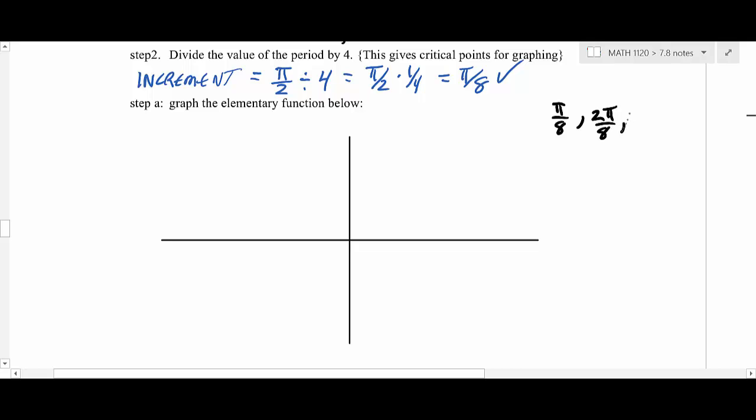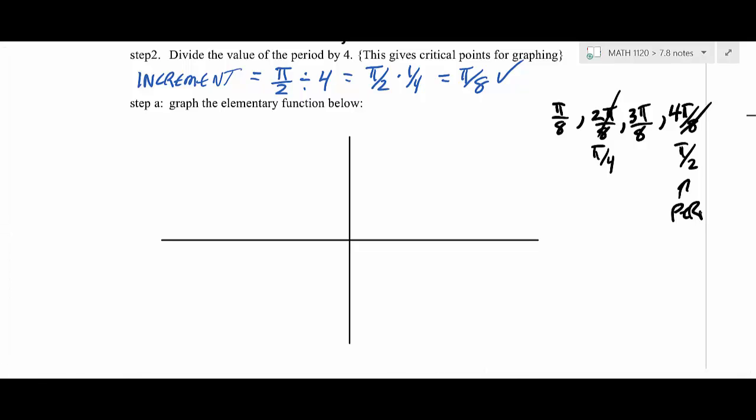So I'm going to go pi over 8, 2 pi over 8, 3 pi over 8, and 4 pi over 8. Now see, notice on this, that reduces to pi over 4, but that reduces to pi over 2, so that's the period. Okay, and that's what should happen. So if you count out your increment, you better fall on wherever the period ends. So what we're going to do when we put this together then is just go ahead and get these things labeled.